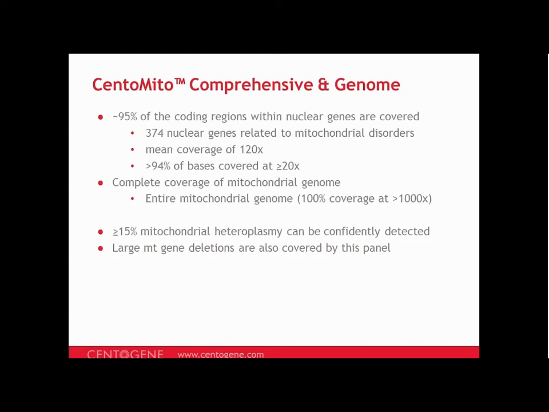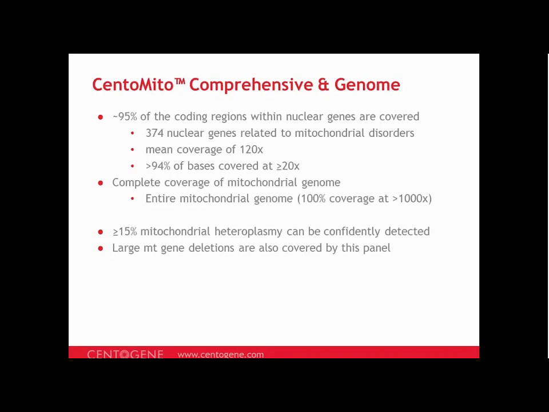Here, I would like to start with Cento Mito Comprehensive. Actually, I would like to clarify the naming. We have two different panels, one covering the other. The smaller one is Cento Mito Genome, which covers the entire mitochondrial genome, 100% coverage at 1,000 reads. Mitochondrial heteroplasmy can be confidently detected by this panel, and also large mitochondrial gene deletions.